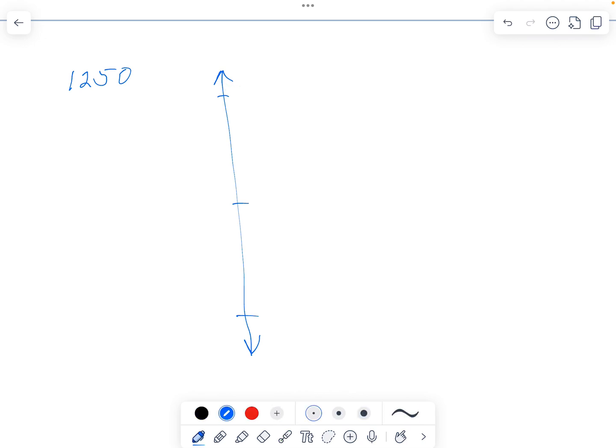I'm going to look at my hundreds place. My hundreds place is 200, but I cannot ignore my thousands place, so I'm going to add my thousands place as well. 1,200 plus 100 gives me 1,300. The midpoint of 100 is 50, so I'm going to add 50 to 1,200.